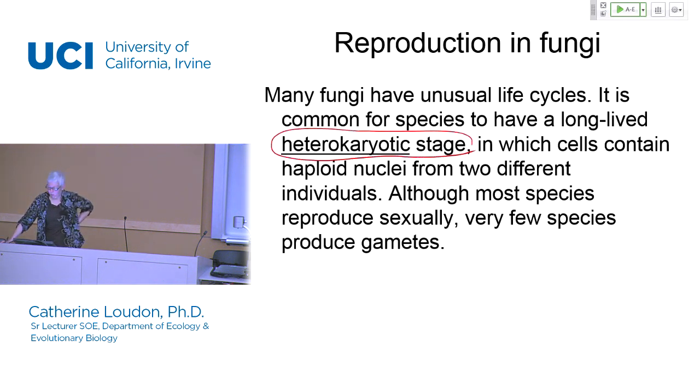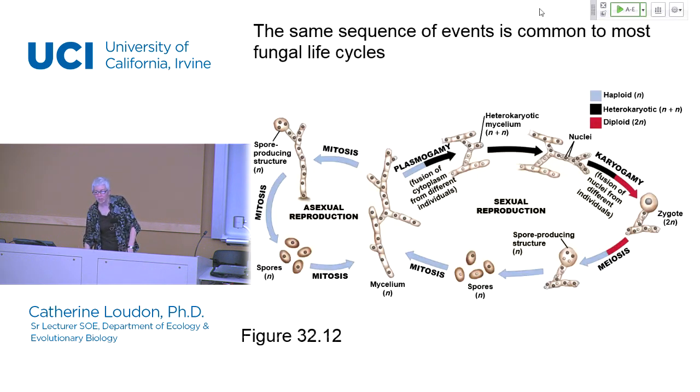This is very unusual in that the cells or compartments within the part of the fungus that's heterokaryotic contain non-fused haploid nuclei from different individuals. So how on earth does this come about? Let's go ahead and check out the life cycle to make more sense of this.